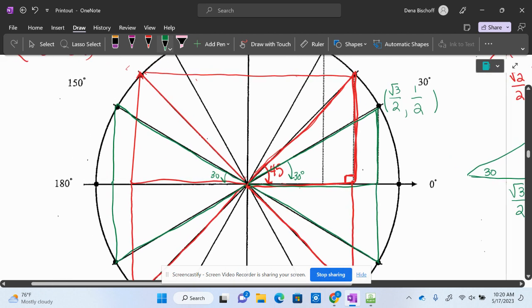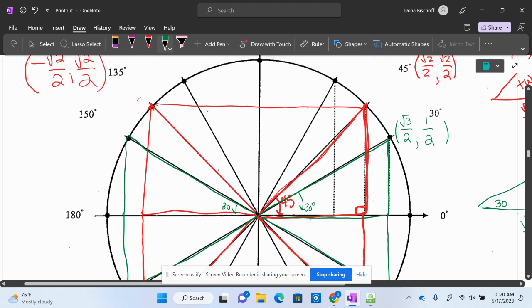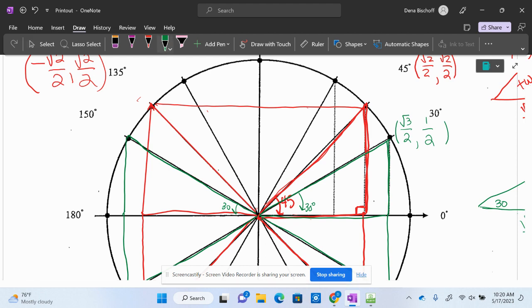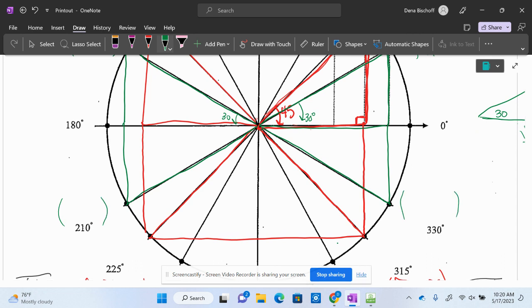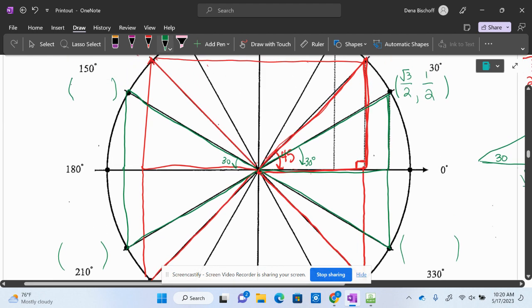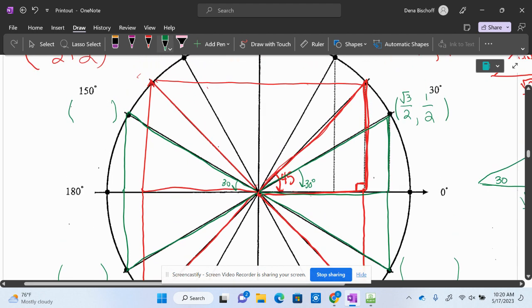So thinking about what you did with the 45s, I want you to label the x and y ordered pairs for each one of these angles. I'm going to pause or freeze my screen. So you label those and we'll come back.